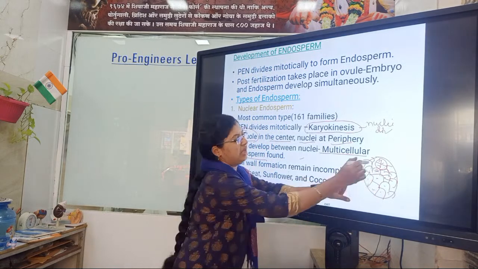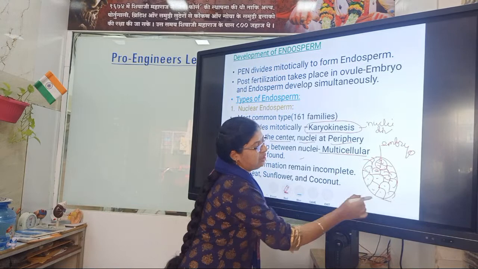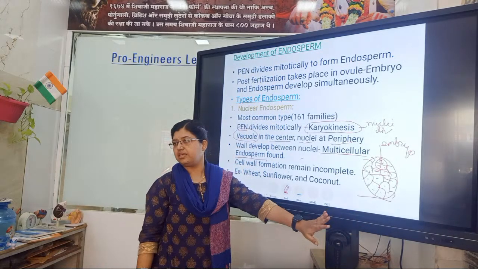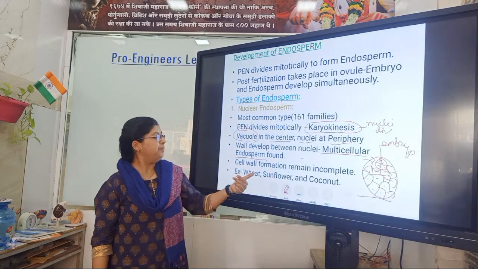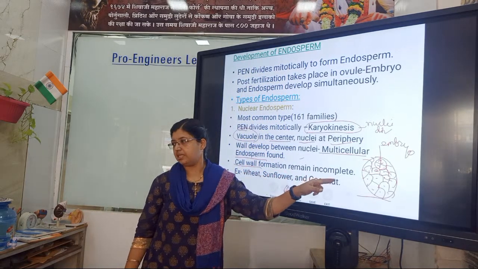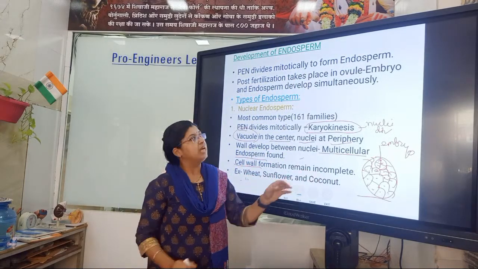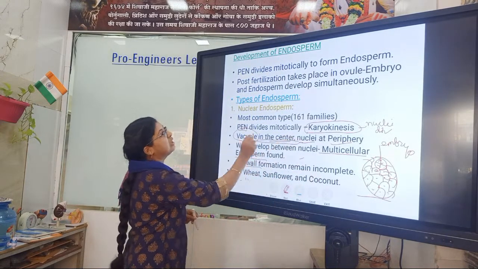This is the embryo and this is the multicellular endosperm. Clear? But in some plants, the cell wall formation remains incomplete. Which are those? Wheat, sunflower, and coconut. Let's have a look.